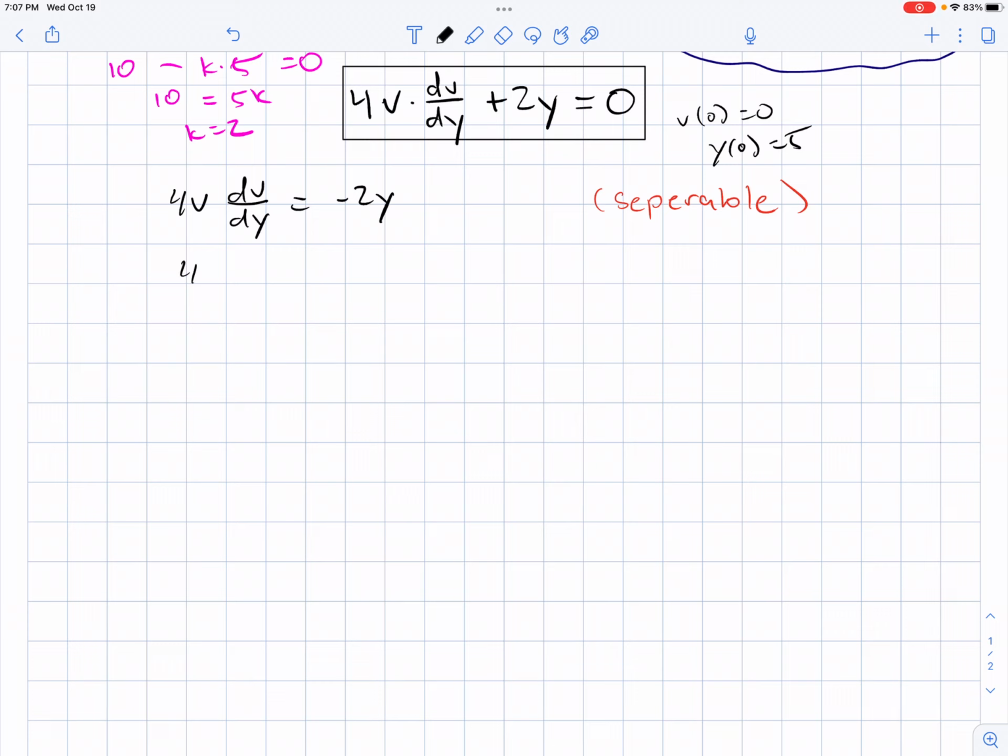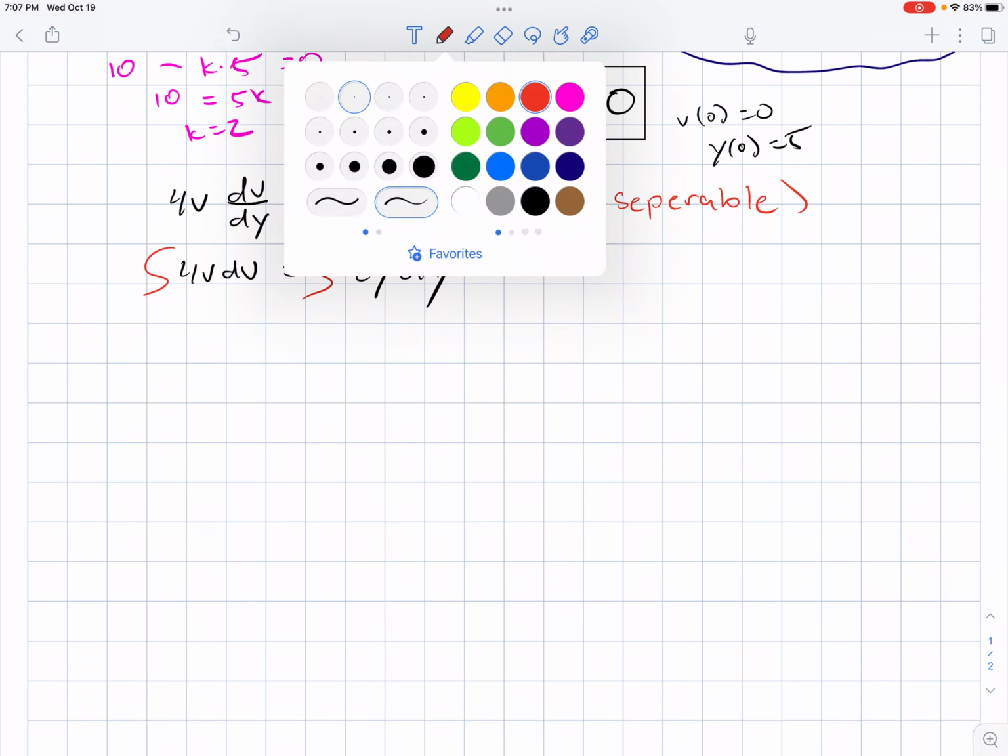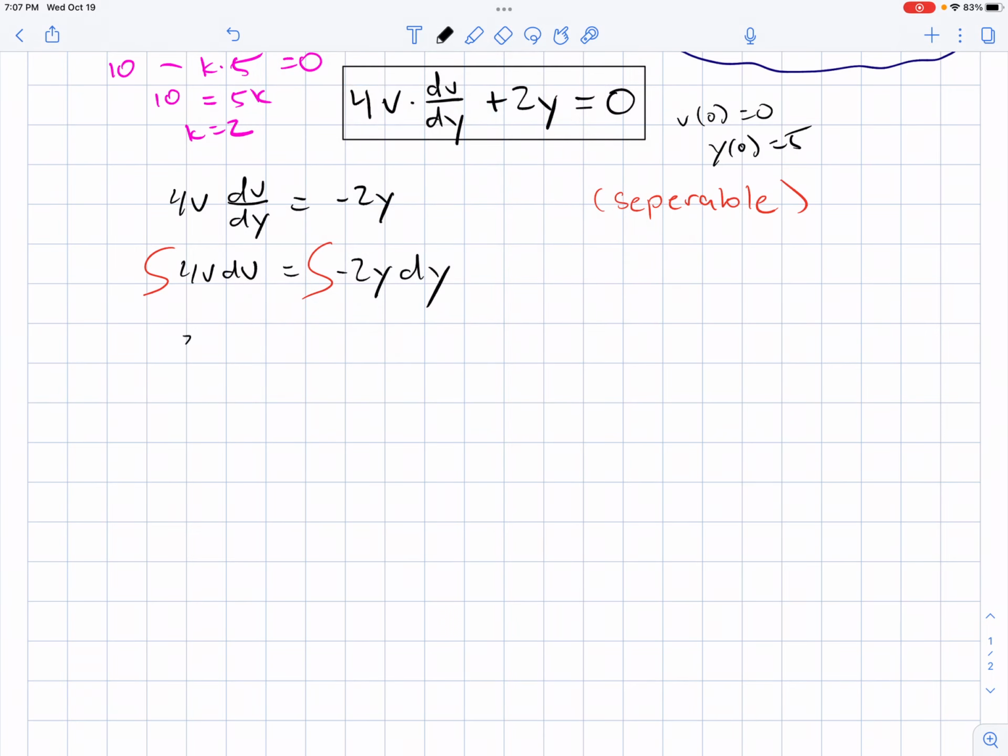We have 4v dv being equal to negative 2y dy. Variables are separated. And we can integrate, getting 2v squared being equal to negative y squared plus a constant c.